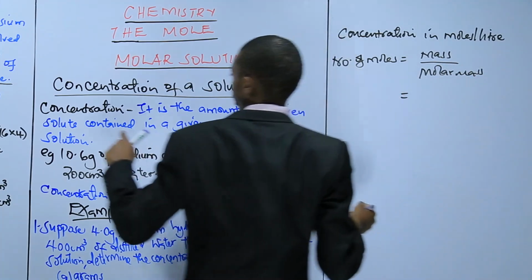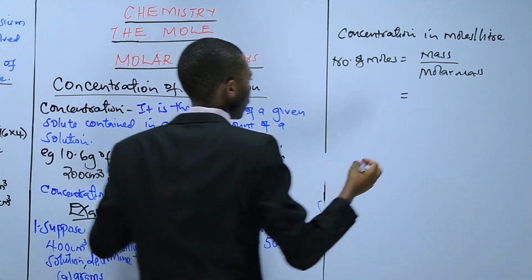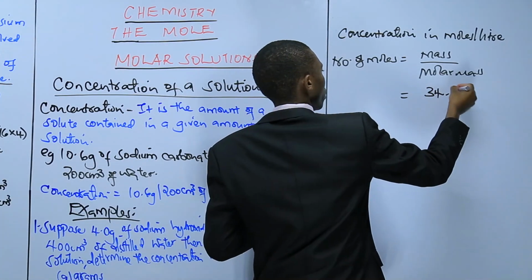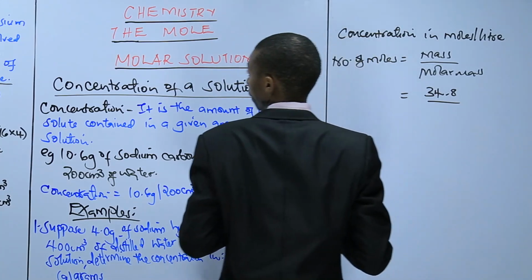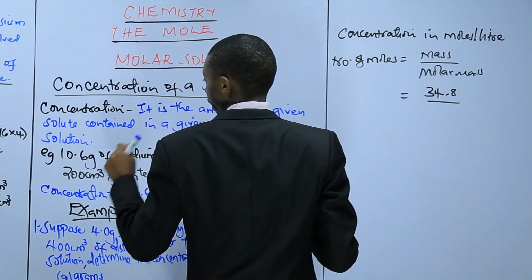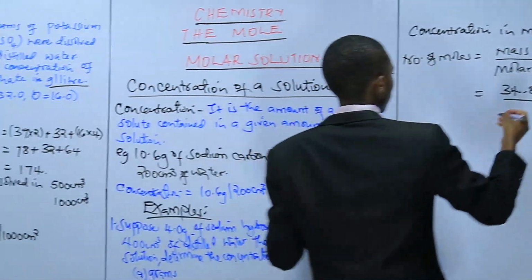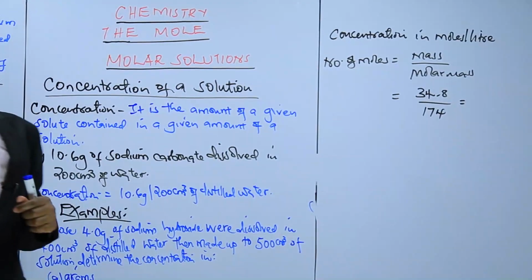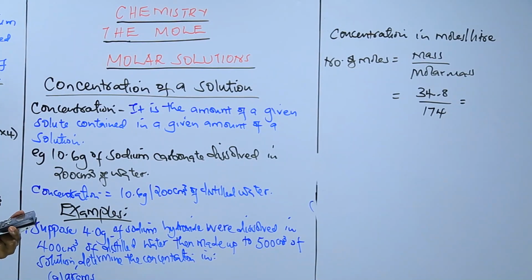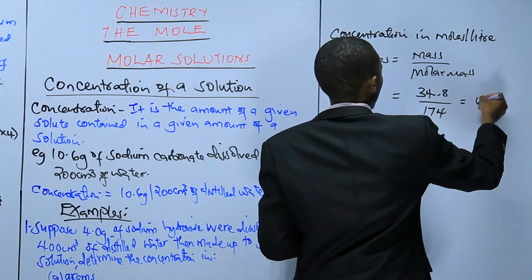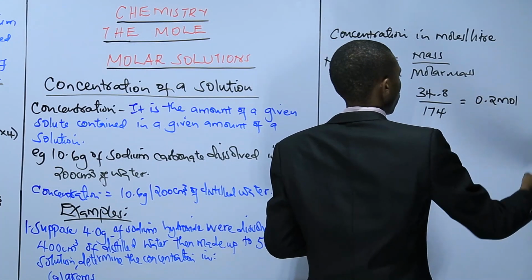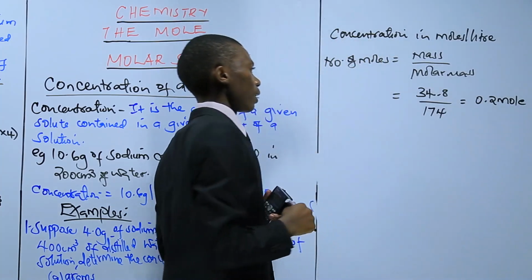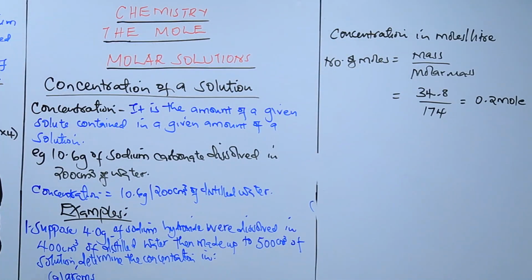The mass is 34.8 divided by the RFM, which is 174, and this gives you 0.2 mole.